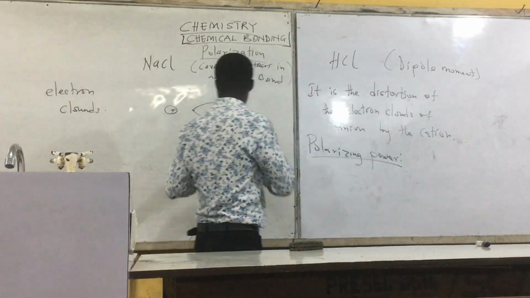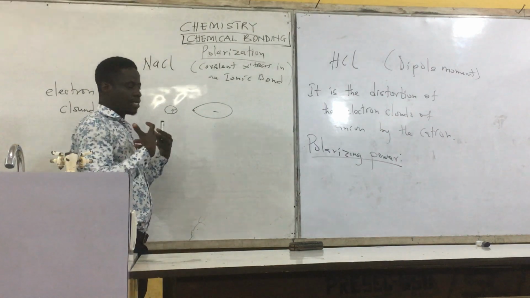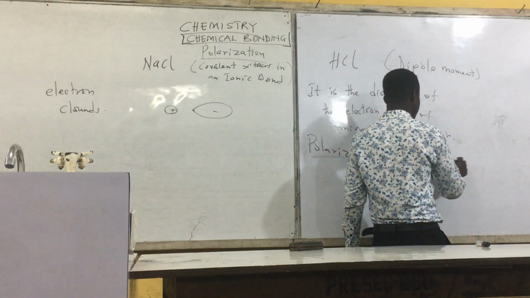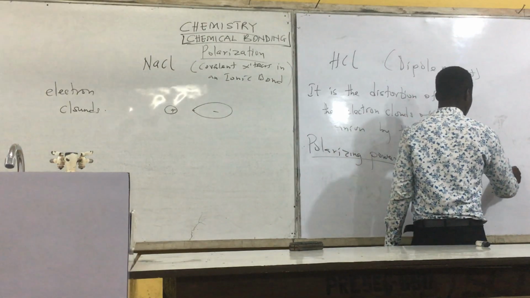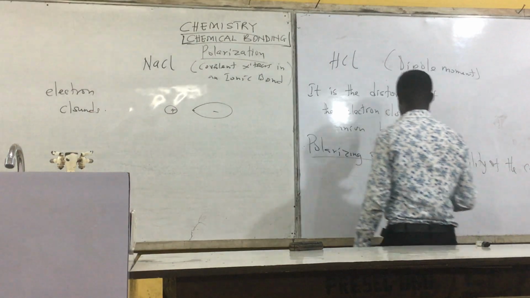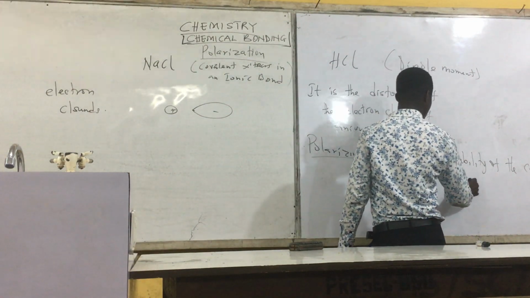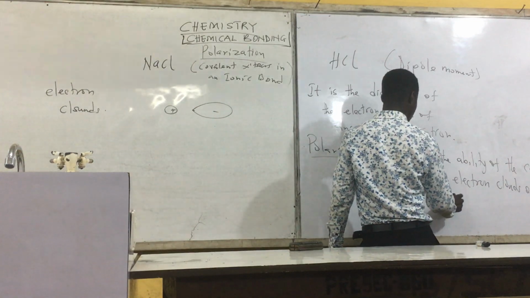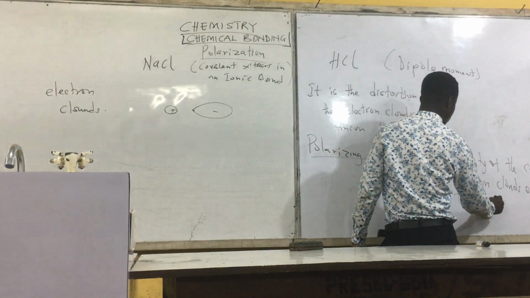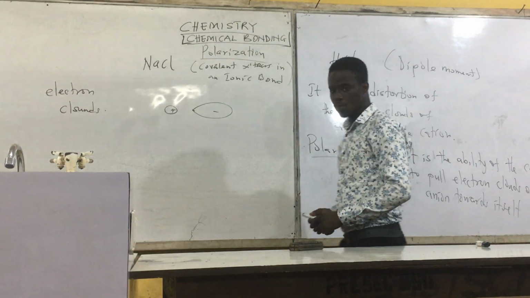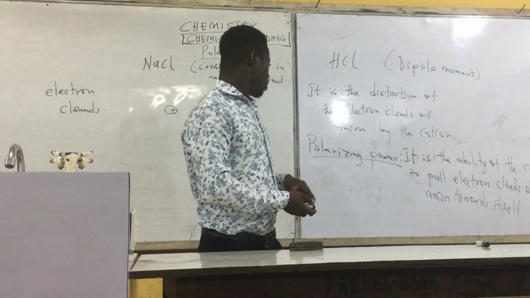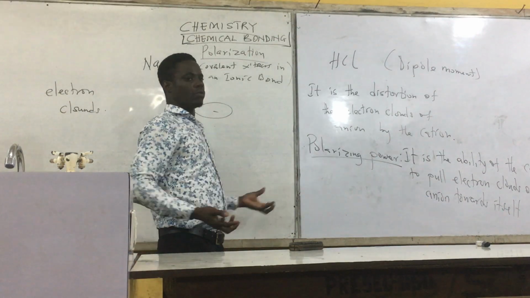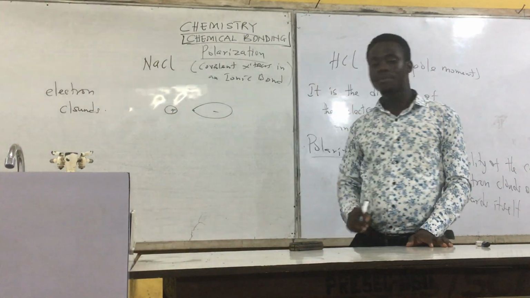So when you say polarizing power, this cation will pull the electron clouds onto itself.